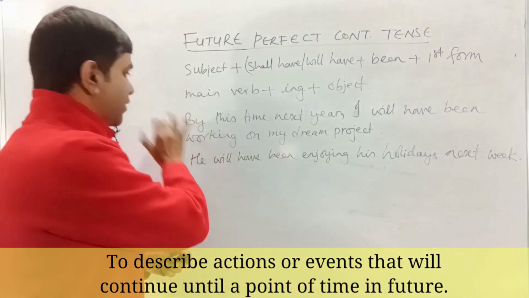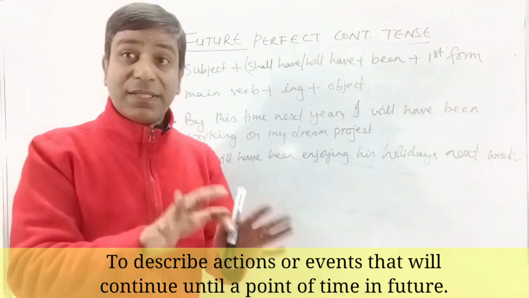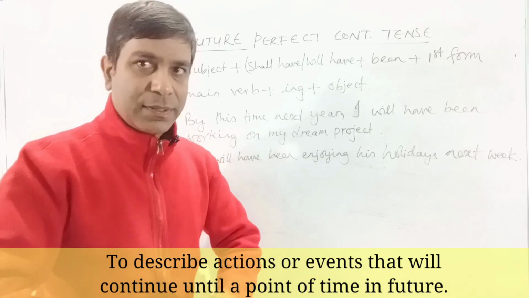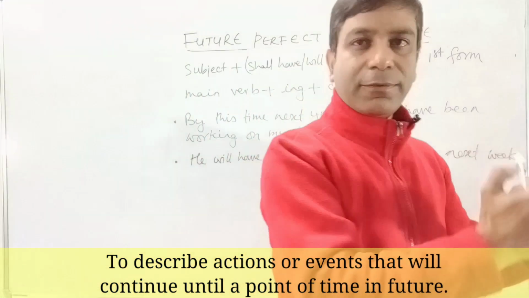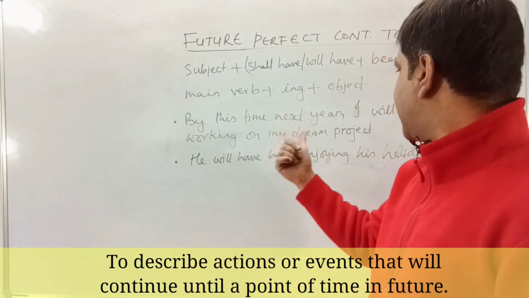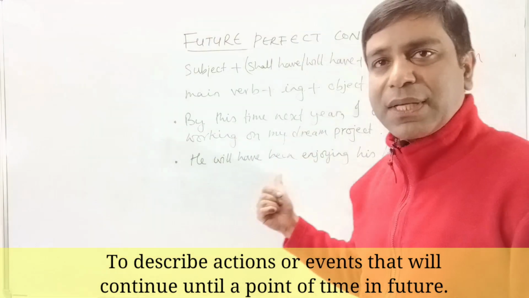Let us look at the first example. By this time next year. Next year hasn't come yet. By this time next year, I'm projecting myself forward in time and looking back, and what do I see? I will have been working on my dream project.